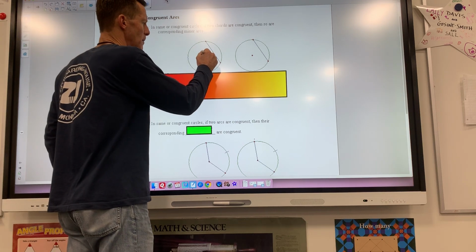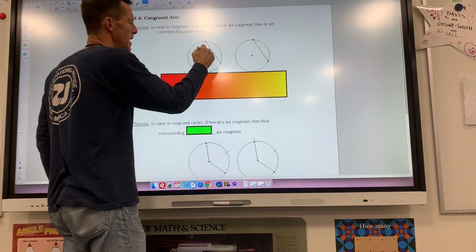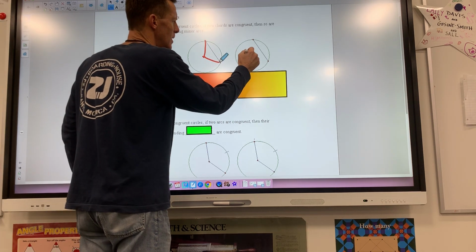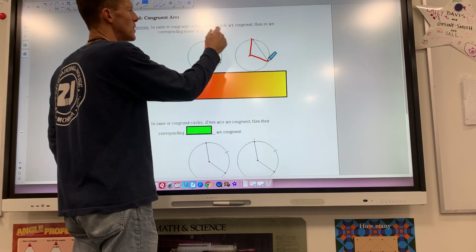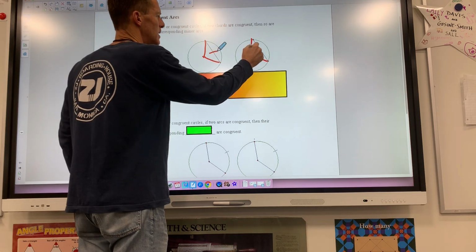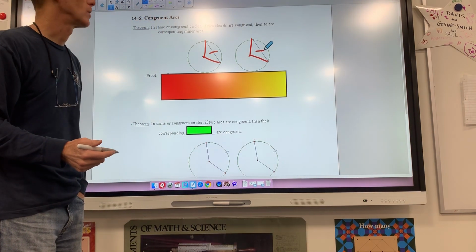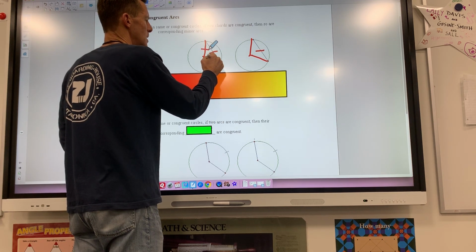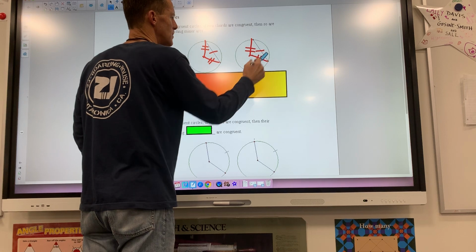If we connect these and connect those, and we also know the chords are congruent, then we know so are the corresponding minor arcs. Well, don't we also have this and this congruent to this and this?